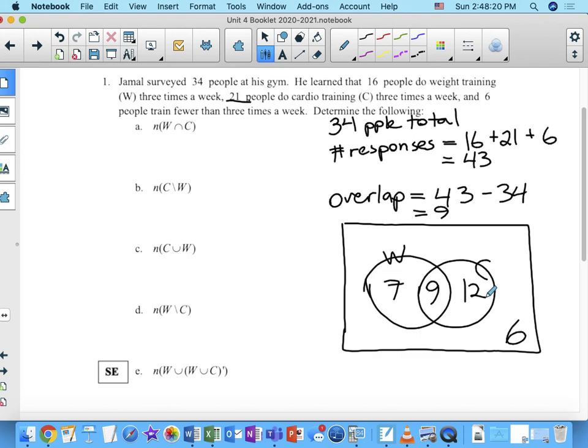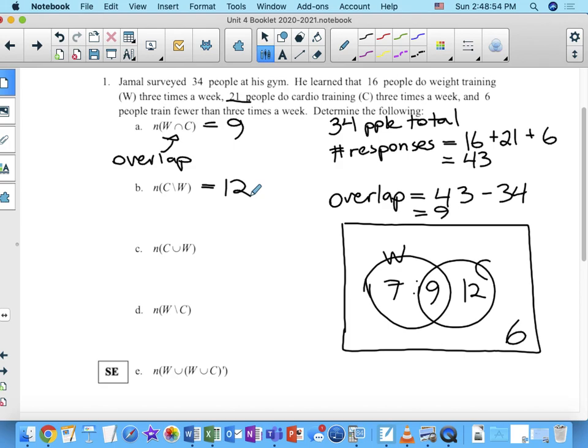So this first one, the number of people in W intersection C. That's the and, the overlap, right? Intersection is the overlap. Once you have the Venn diagram there, pretty easy, it's 9. Number of elements in C minus W. C minus W, we're taking the whole C bubble and taking out the W part, that's only 12.